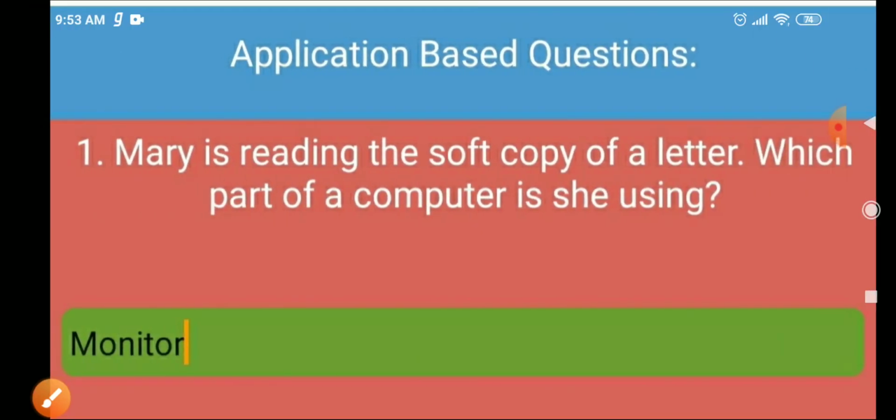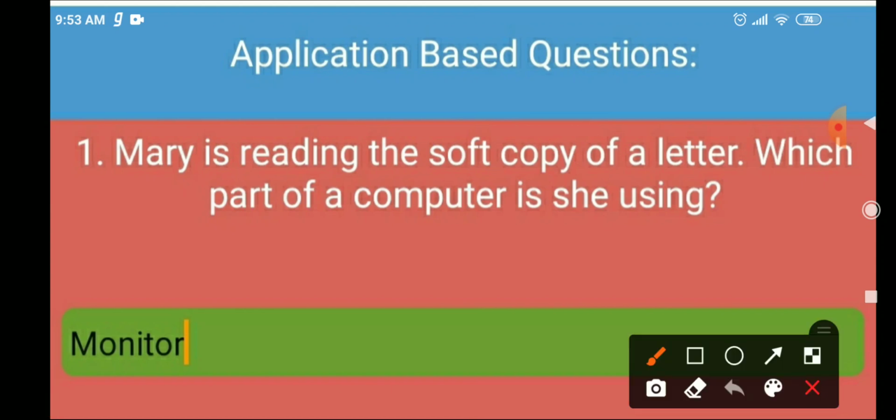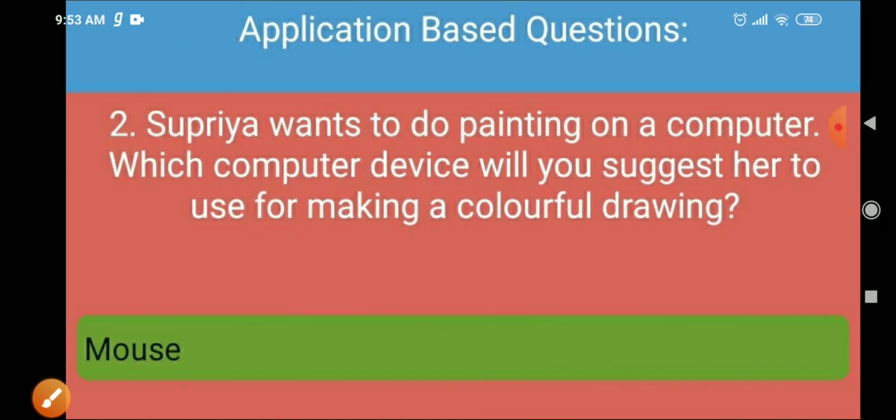Now next is the application based question. Mary is reading the soft copy of a letter. Which part of the computer is she using? Soft copy we can see on the monitor, so the answer is monitor. Supriya wants to do painting on a computer.